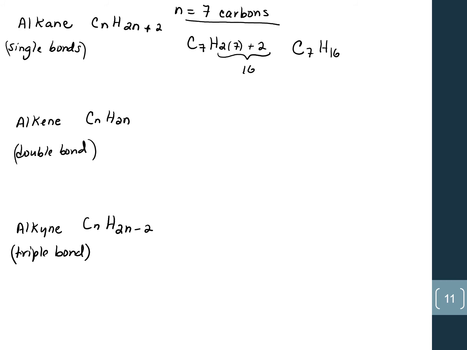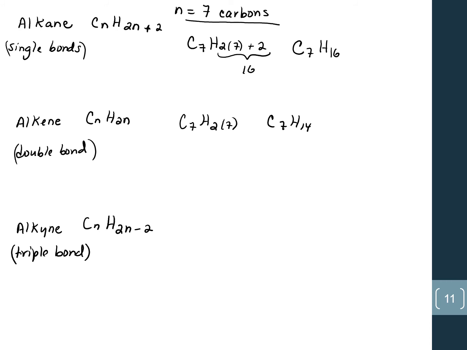So we can calculate, still C, I'm doing the same for the same number of carbons, 7 of them. C7. Now to calculate the number of hydrogens, your formula is telling you that it's going to be 2 times 7. So that will give you C7H14.